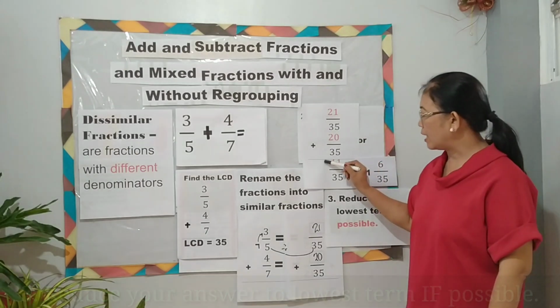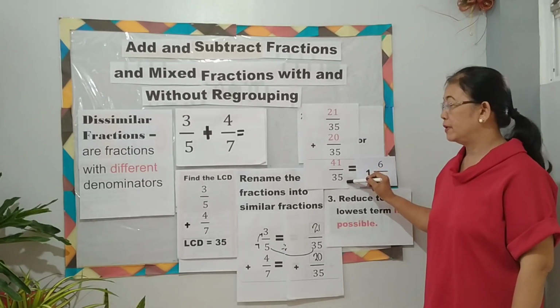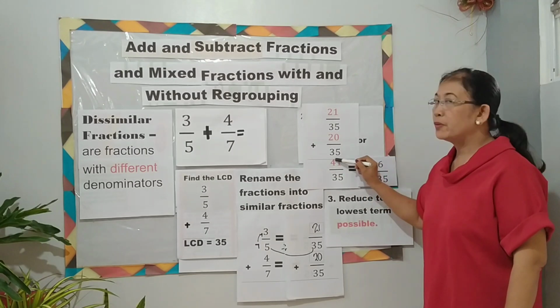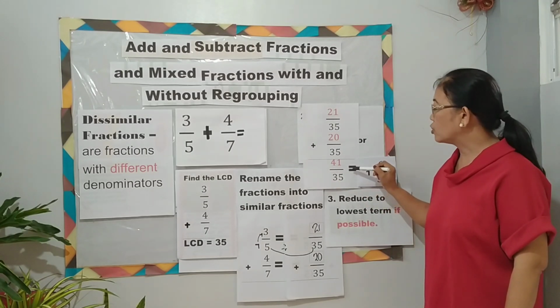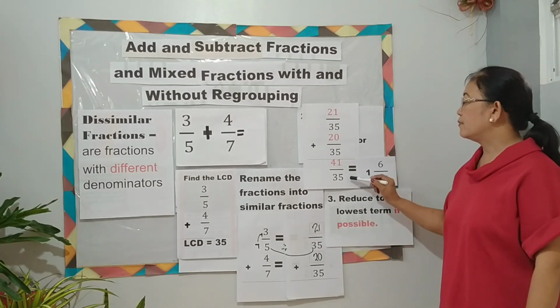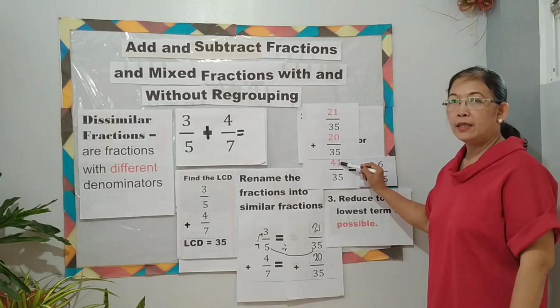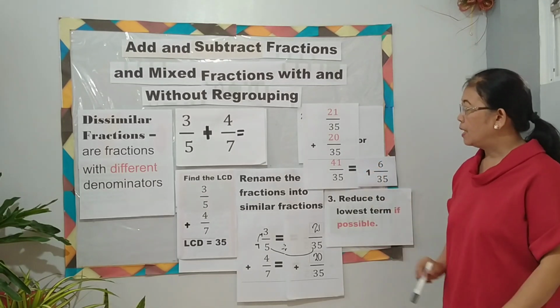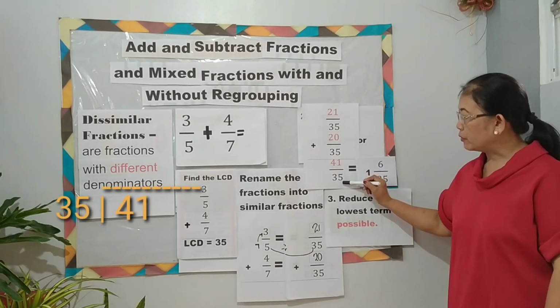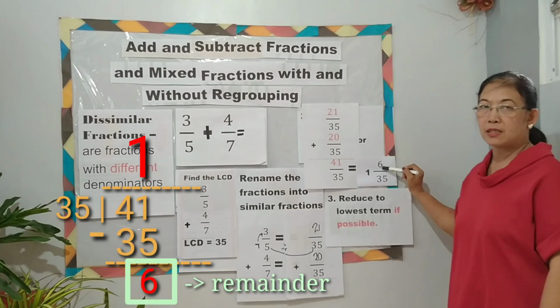So look at this answer. It's 41 over 35. Since this is an improper fraction, we can change this into a mixed number by just dividing 41 by 35. So 41 divided by 35 is 1, and the remainder will be 6.